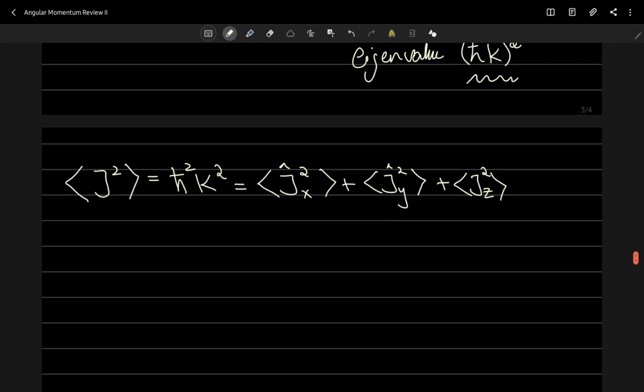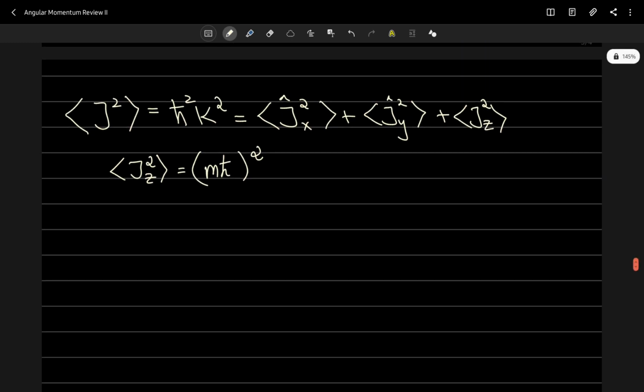But from the eigenvalue equation of jz, we know that the expectation value of jz squared would be m h bar squared, because we know the eigenvalue of jz is m h bar. So if we square it, it would be the square of m h bar.